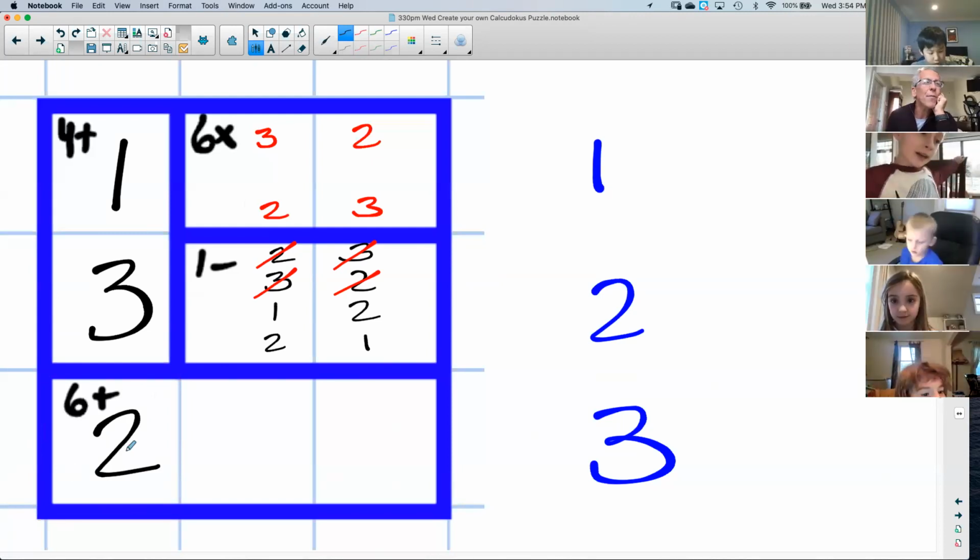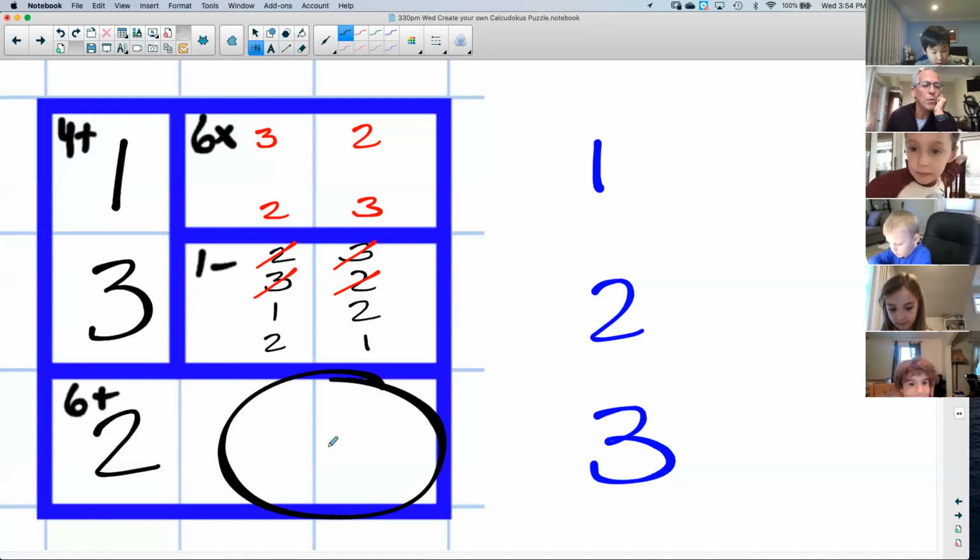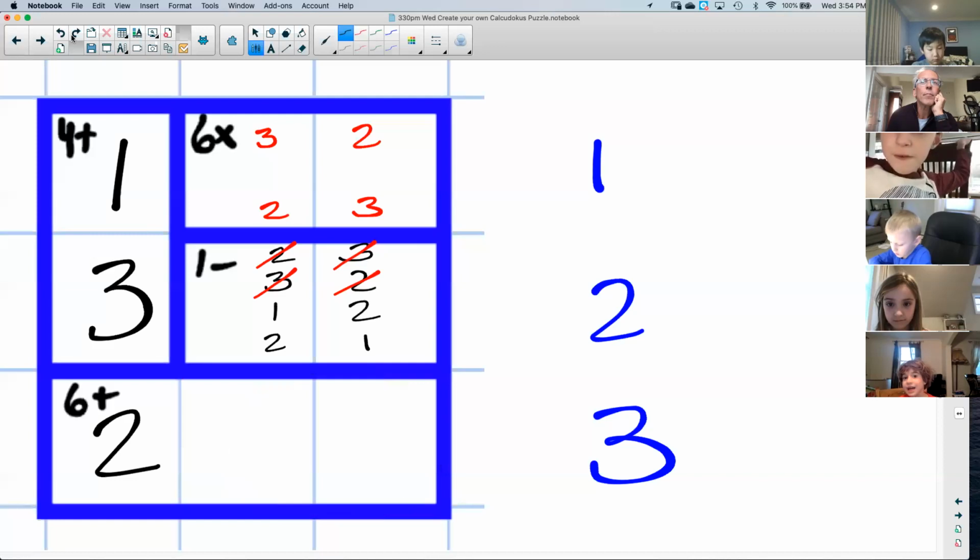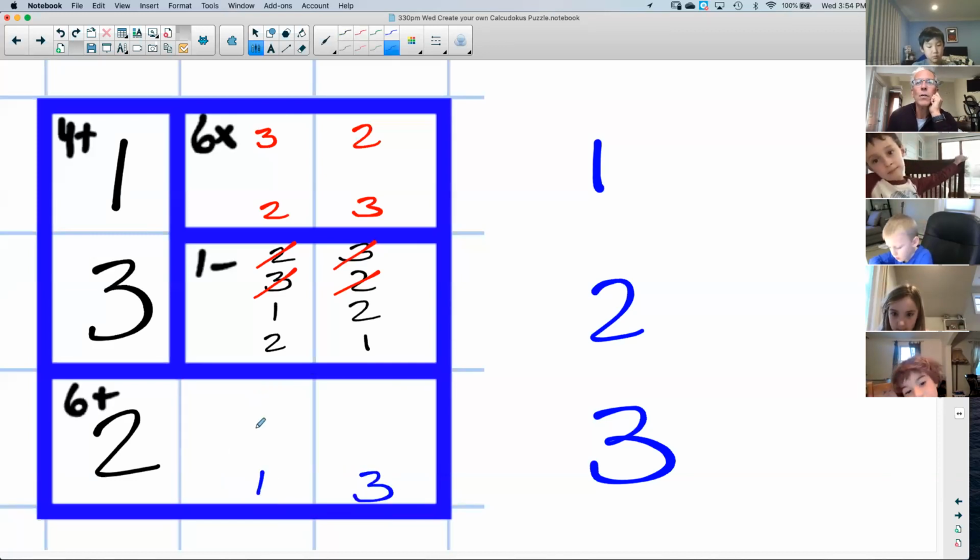Everyone, if that's a 2, what must these 2 numbers be? 2 plus what? 3 and 1. Oh boy. Guess what, guys? 4 and 1. Oh, there is no 4 here. It has to be a 3 or a 1.